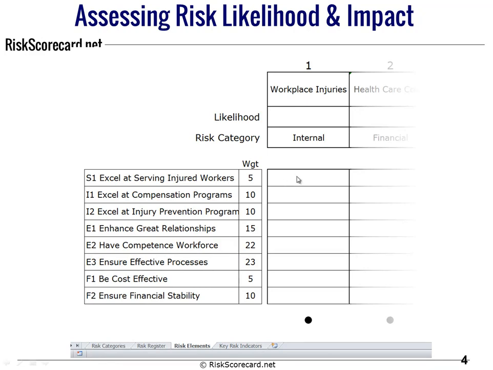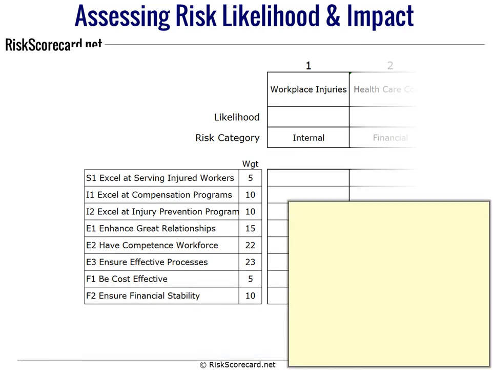So obviously if it had a high impact on its relationship with a 5% strategic objective, that would be less of a concern to us than a similarly high impact on an objective of 23%. So by doing a detailed analysis of risk impact by strategic objective, we get a much more accurate analysis of each risk element's impact. So let's take a look at this.